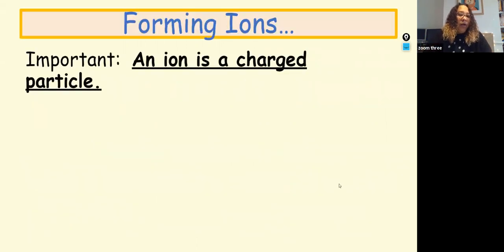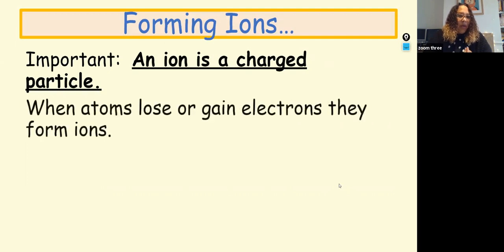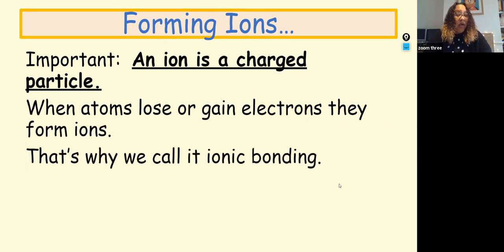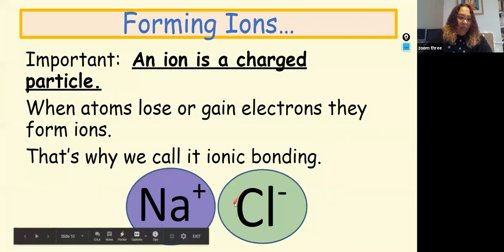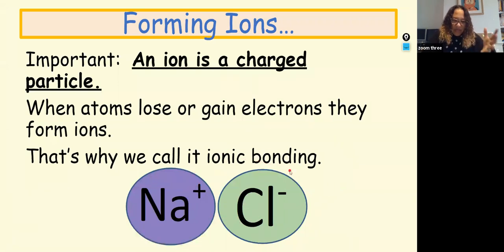So we know an ion is a charged particle. When atoms lose or gain electrons, they form ions, and that's why we call it ionic bonding, because what these ions do is those charges are attracted to each other, these really strong electrostatic forces holding them together. Notice here we've got sodium and chlorine, equal number but opposite charges. They're like hello, and they fall in love and bond together, if you want to think of it like that.